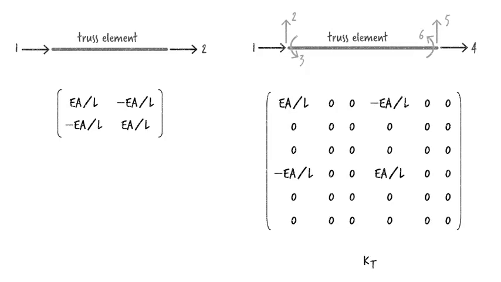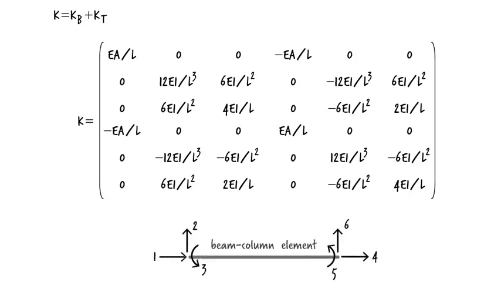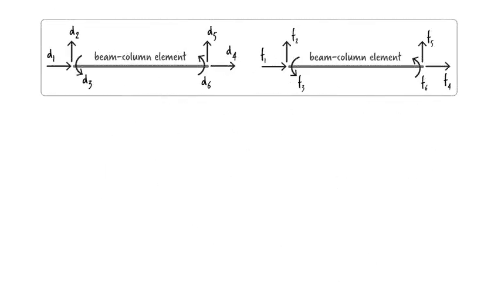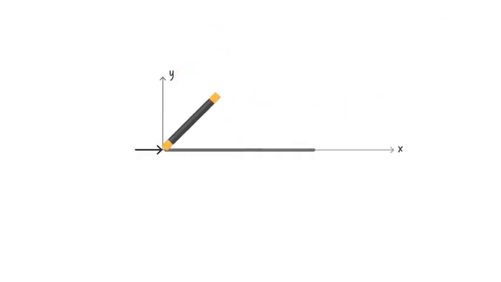If we add KT to KB, we get the member stiffness matrix for our beam column element. Denoting this matrix as K, we can express the relationship between the force vector and the displacement vector in matrix form. But before we can use K to set up system stiffness matrices, we need to transform it from the local to the global coordinate system.